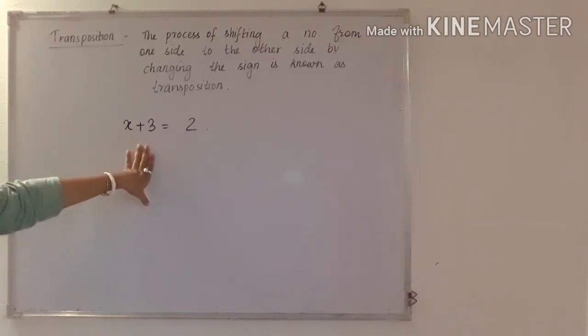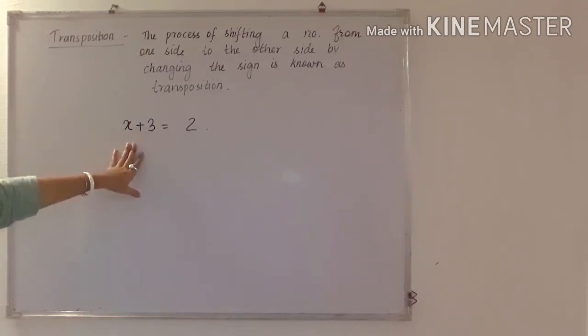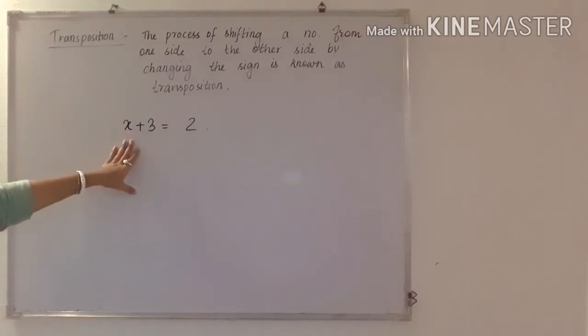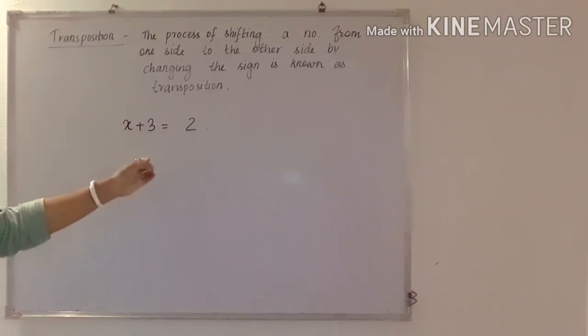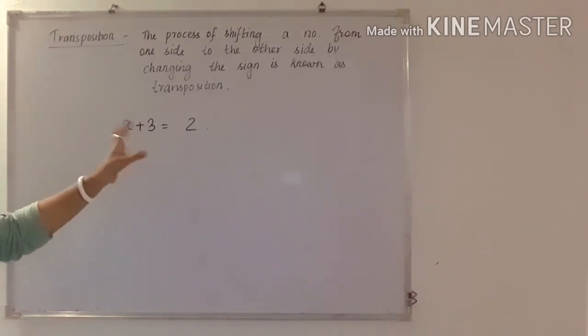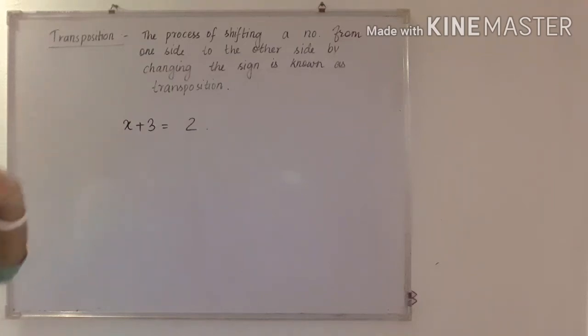The unknown should be alone in that side. That means there should be no constant or number multiplied to it, or added to it, or subtracted from it, or divided to it.